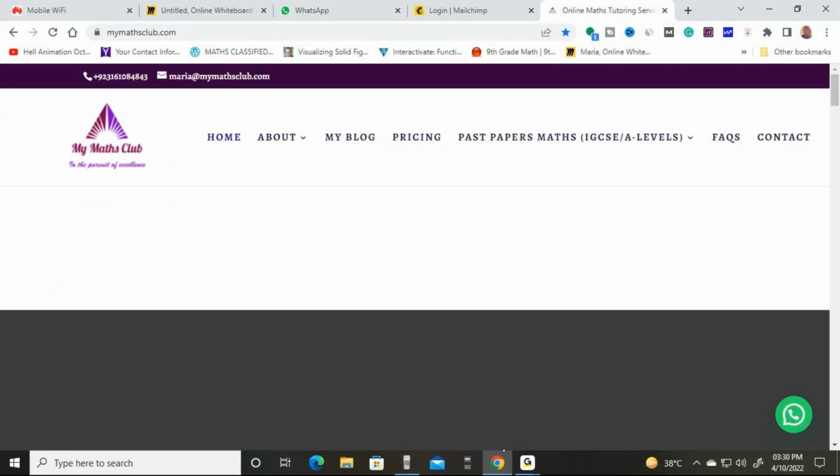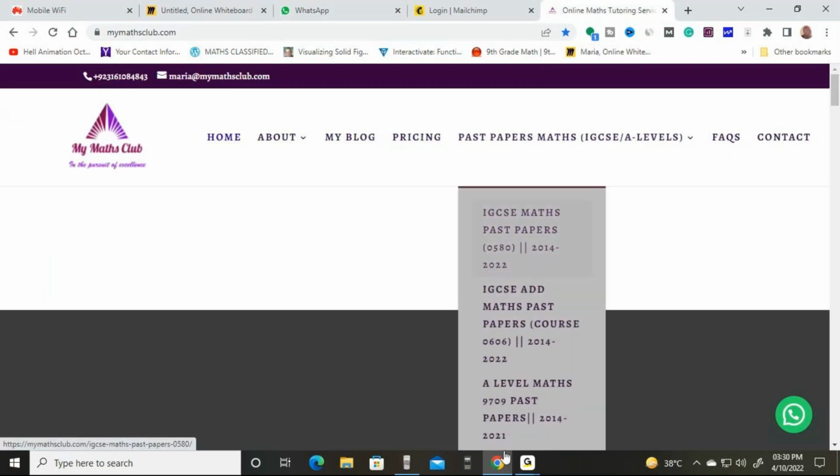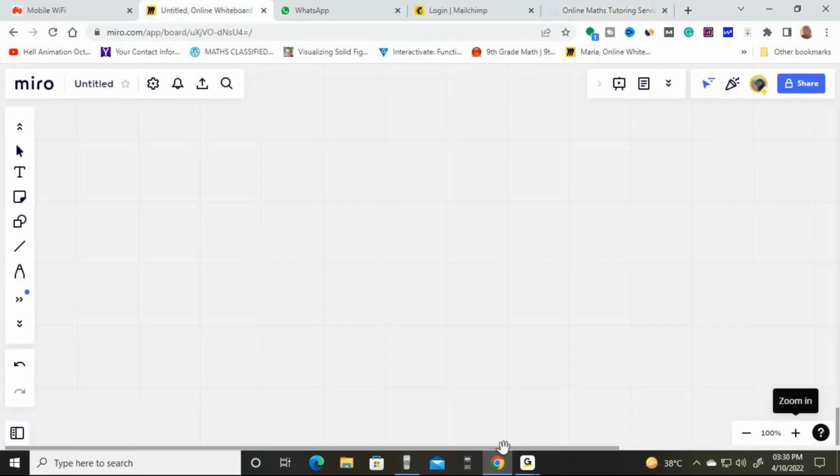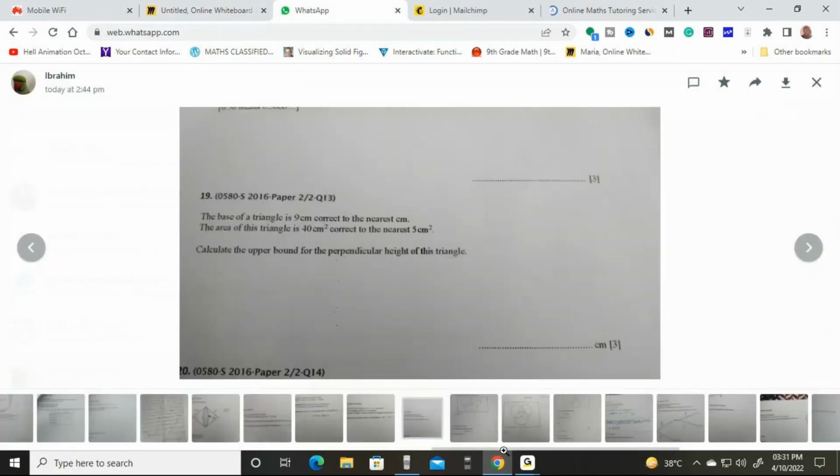So we just write down here our upper bound and lower bound formulas. Whatever the actual value you get, you just represent the actual value by x generally, and the approximated value, with respect to which you need to round, is represented by y.